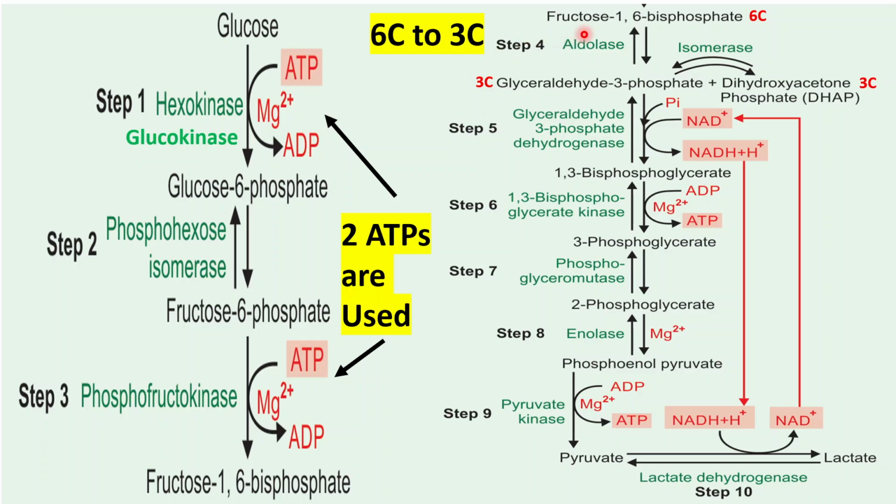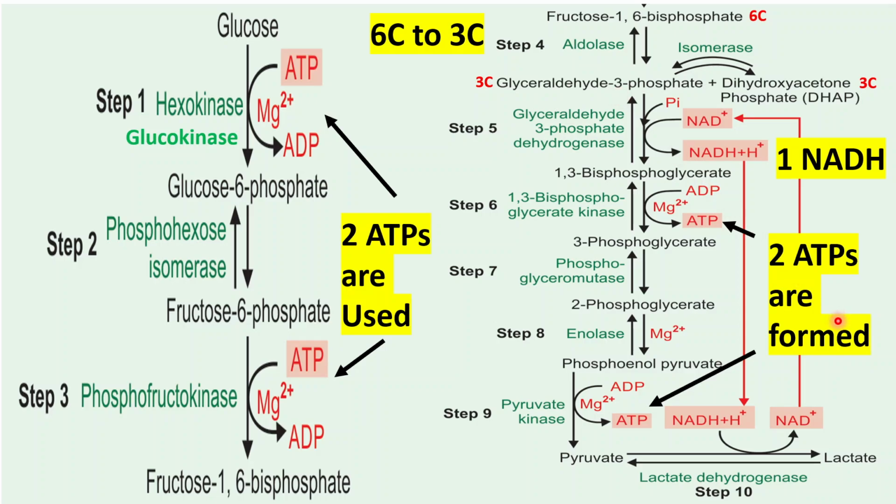The 6 carbon compound, which is fructose 1,6 bisphosphate, is broken down into two 3 carbon compounds, glyceraldehyde 3 phosphate and an isomer of it, dihydroxyacetone phosphate. So in other words, we get 2 molecules of glyceraldehyde 3 phosphate. Then each molecule of glyceraldehyde 3 phosphate will lead to formation of 2 ATPs and 1 NADH.